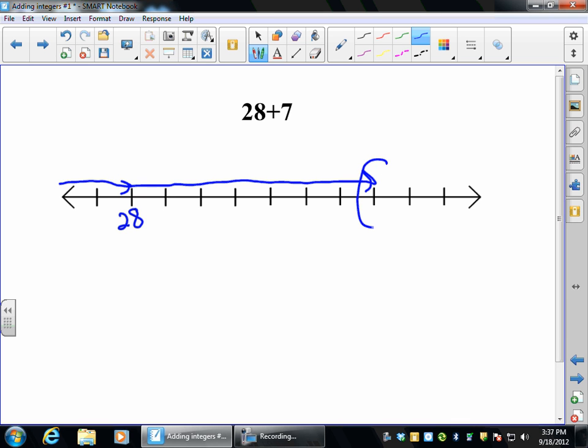This is where I'm going to end up, and if we count that out, we should know that it ends up at 35. And of course it does. That's the answer to 28 plus 7. Again, easy problem, but I want you to see how you can quickly make a number line and draw arrows, counting along the number line to make sure you're getting the right answer.